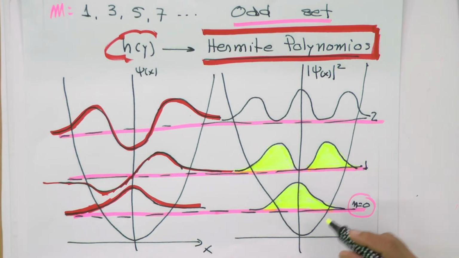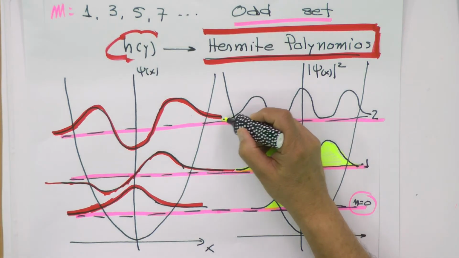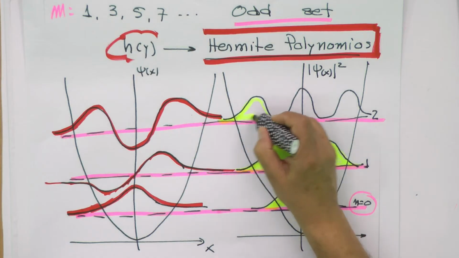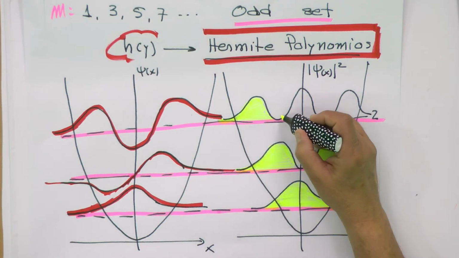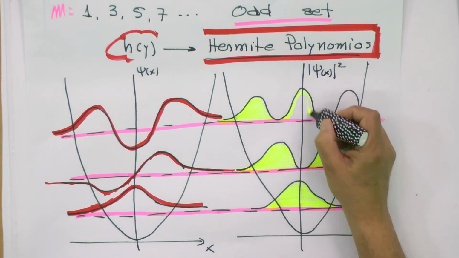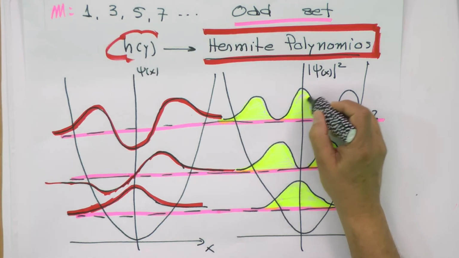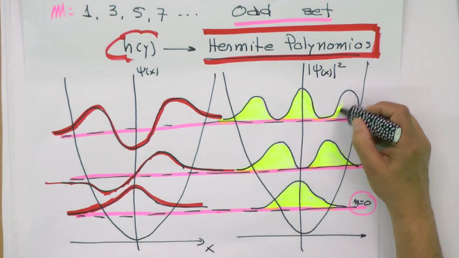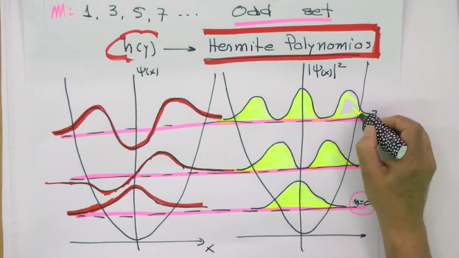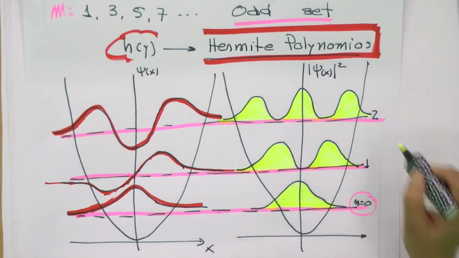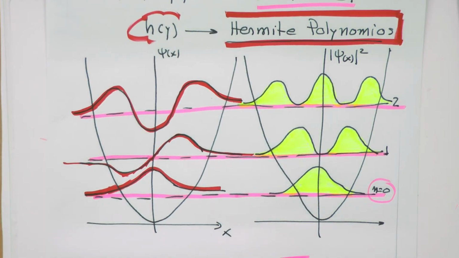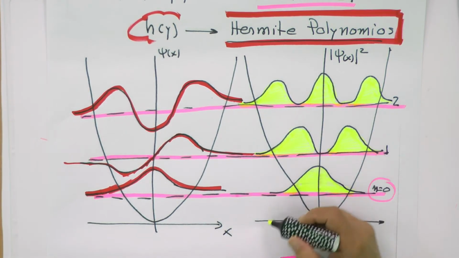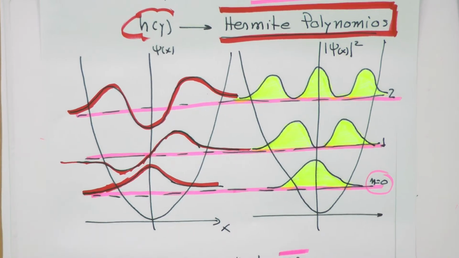And so on. If you go to the next state, it always goes into a tail, and depending on the energy, the exponential of the Gaussian comes down faster. We get that.